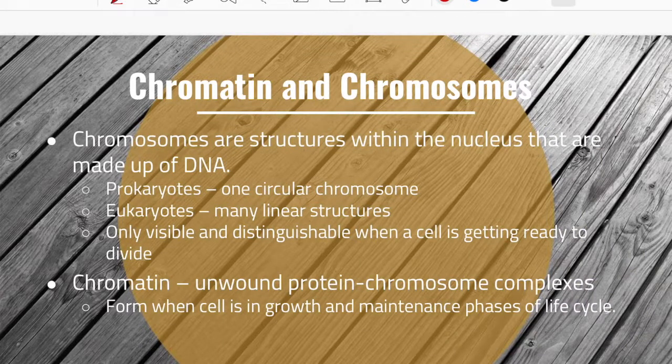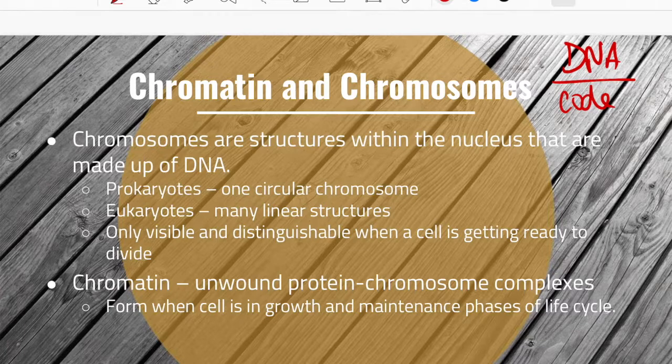Now, when we talk about the code, we're talking about DNA. Remember, DNA is a type of nucleic acid. It comes in different forms. Now, it's all DNA, but the difference is the shape and whether or not the DNA is stretched out so that it can be used or compacted so that it can be sorted.